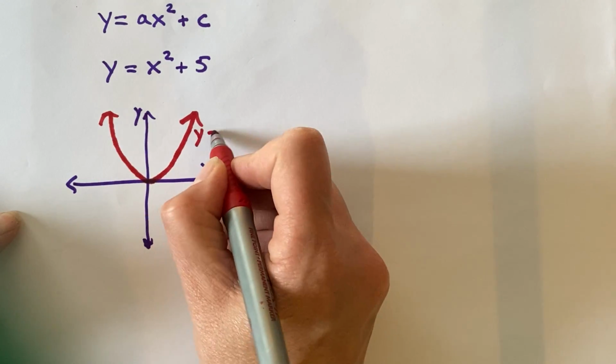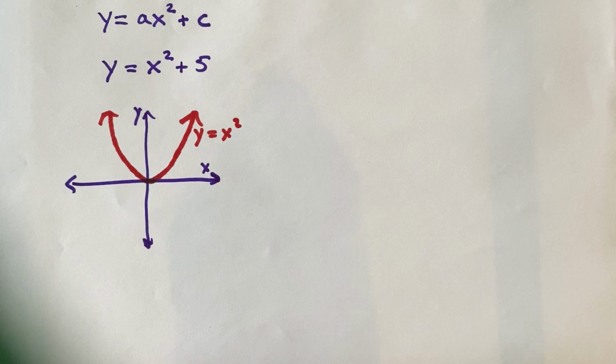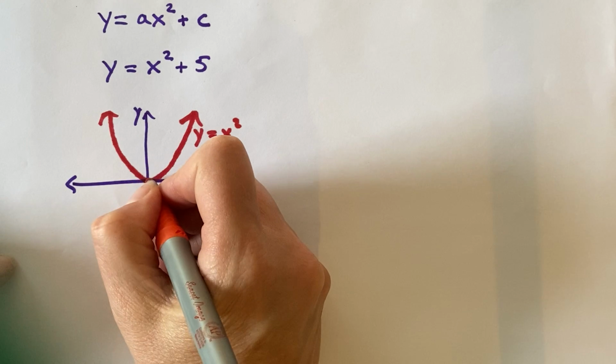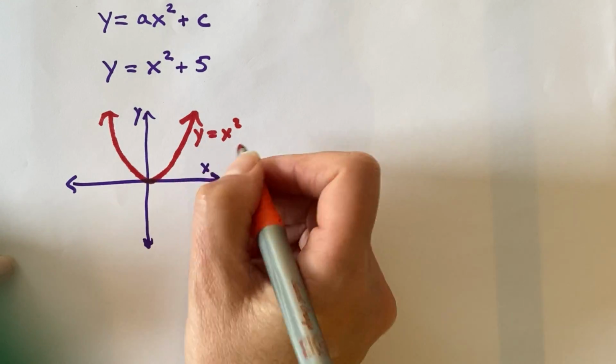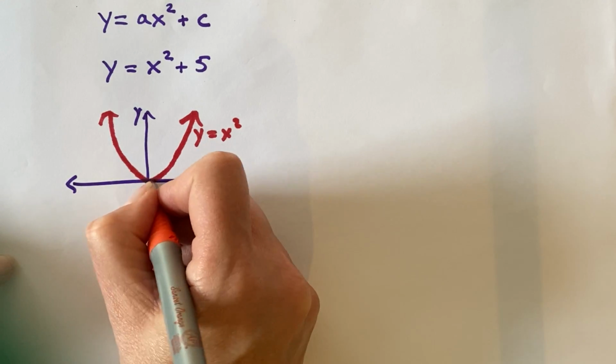This is y equals x squared. What happens when I have a plus 5? Well, when I do that, the function goes up. So right now, the vertex of y equals x squared is 0, 0.